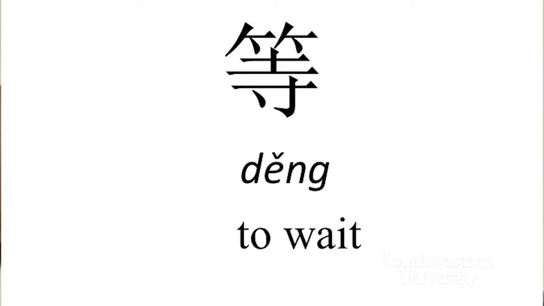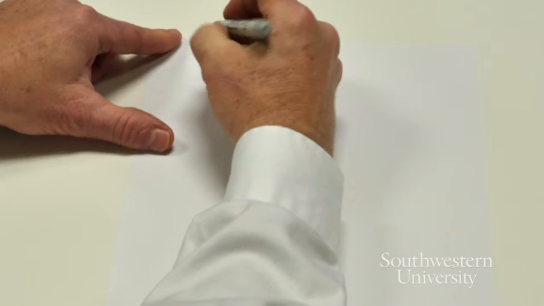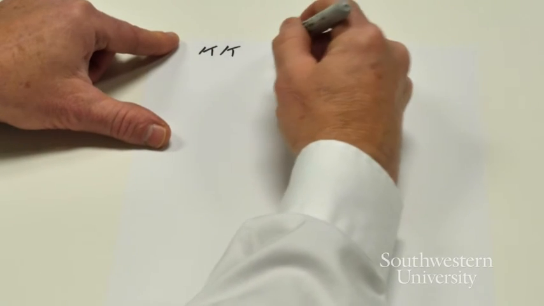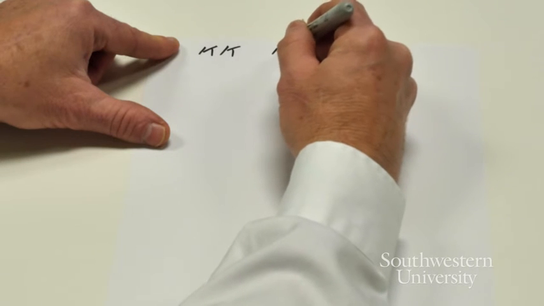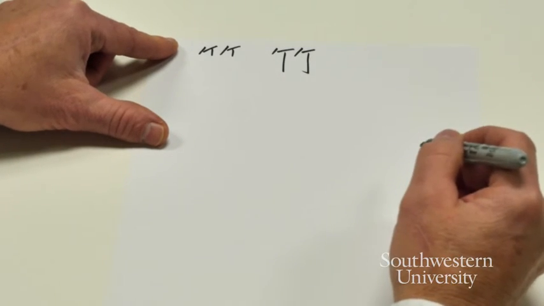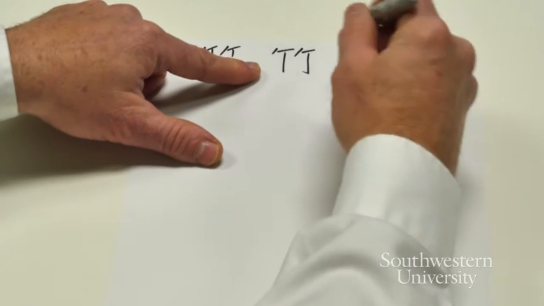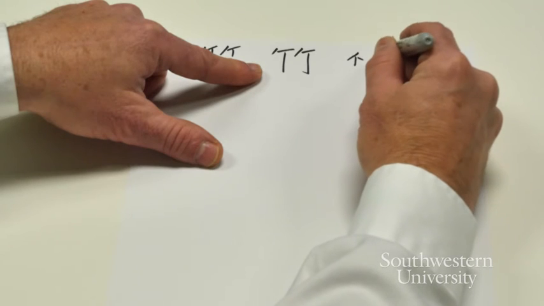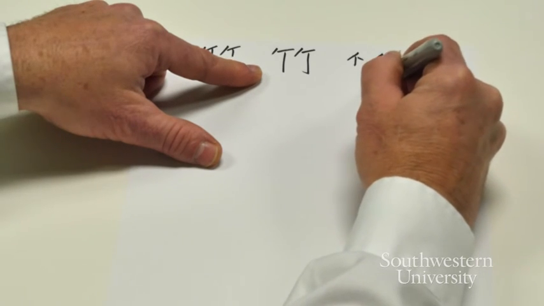The next character, deng, means to wait, but the component on the top is a depiction of bamboo. So that looks like it could be two sections of bamboo. Remember the character for ge, and it sort of looks like a bamboo section.